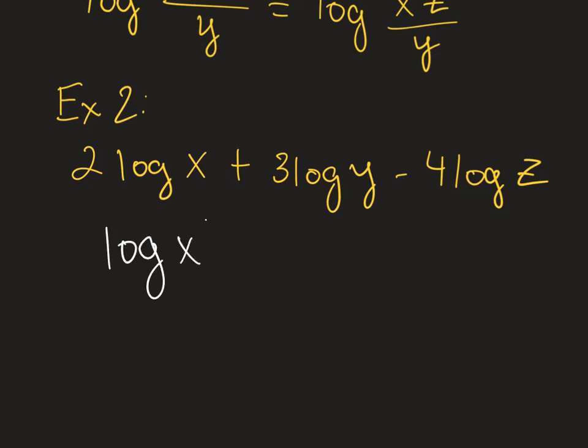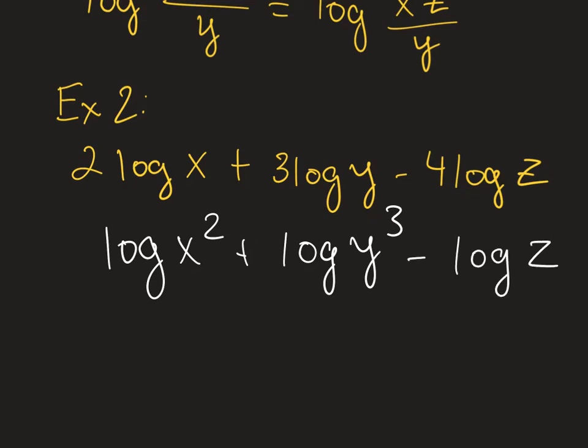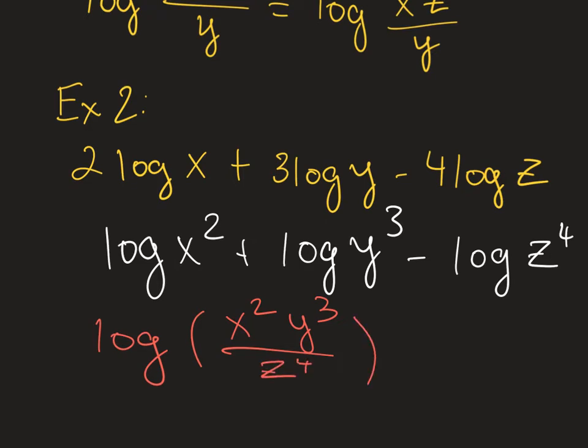So log of x to the second plus log of y to the third minus log of z to the fourth. And then you're going to take out the log, and what you're going to be left with inside is x squared with positive, y to the third is positive, and z to the fourth is negative. And that is your answer.